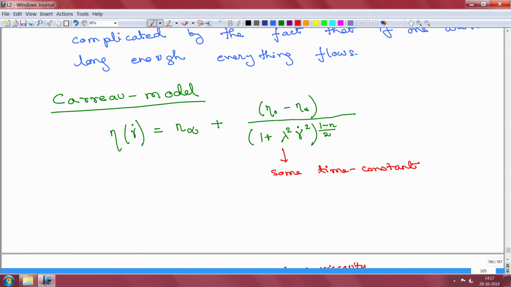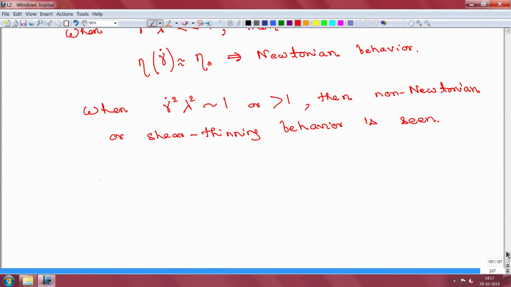So, in that case it is much greater than 1, and the viscosity starts becoming eta infinity, okay.